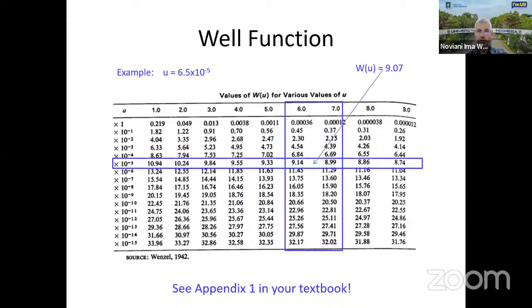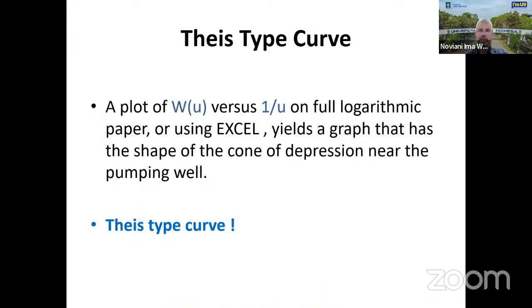That's our W(u). Remember, for every u, there's a W(u). So if our u is this, then we take this table and find out where is W(u). All right. So every u has a W(u).